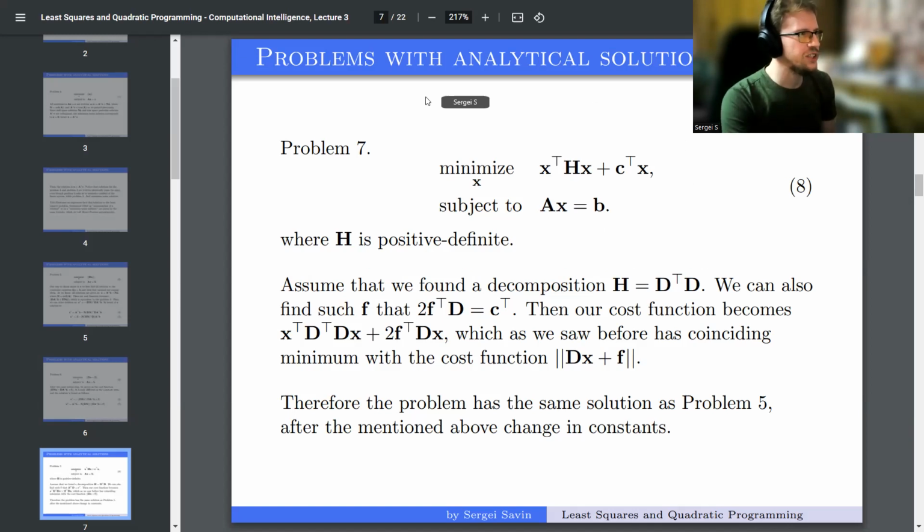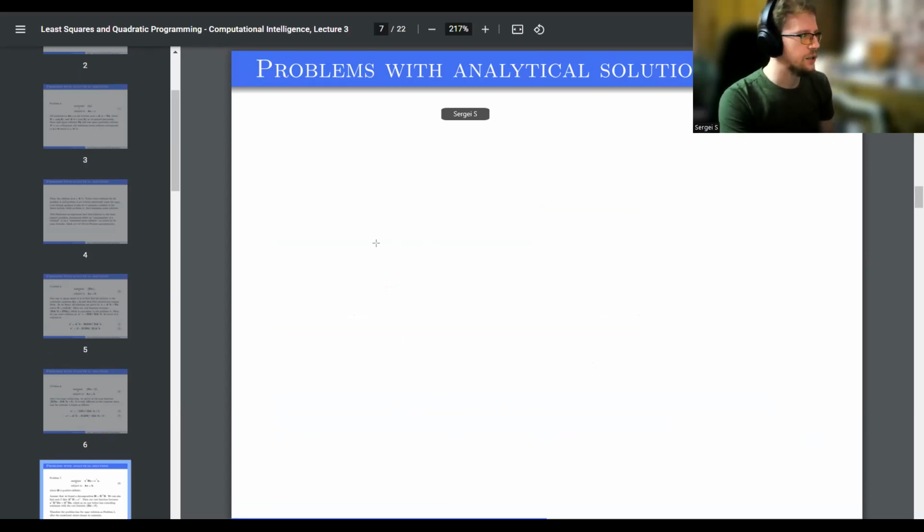Let me just give you one small comment about what I was talking about with the constant part of a solution. Let's say that what we want to do is to minimize a function like this. We want to minimize the function f of x.